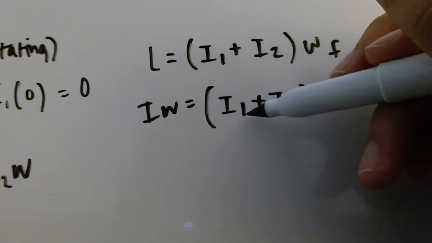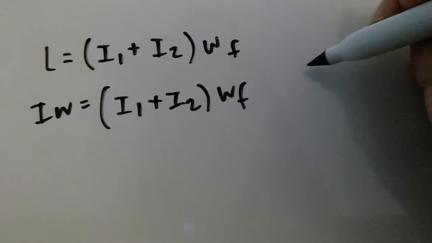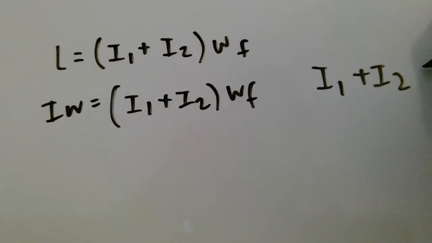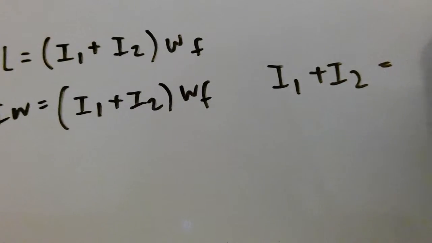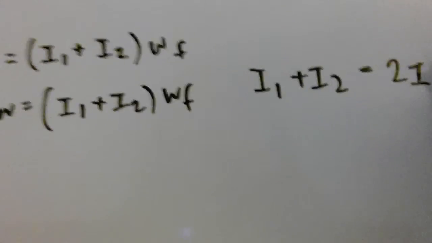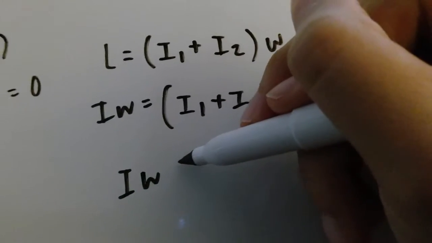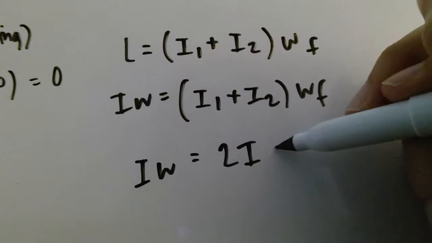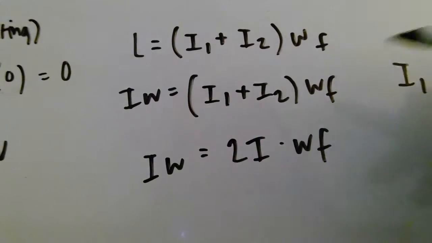And we have inertia 1 and inertia 2, and to get rid of that, since the disks are identical, the two inertias are also identical, so that means I1 plus I2 is just 2I. And so I omega equals 2I times the final angular velocity.